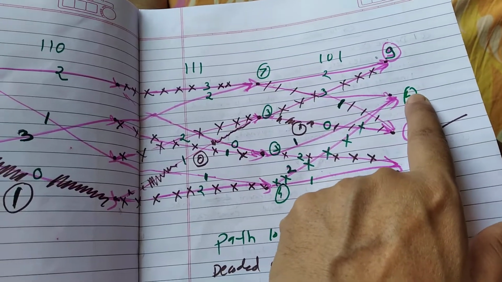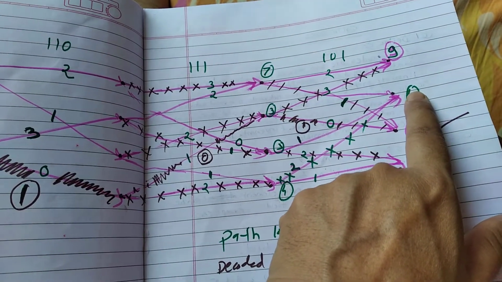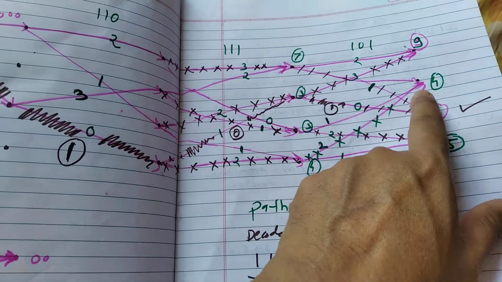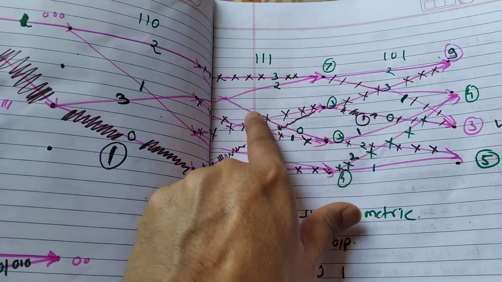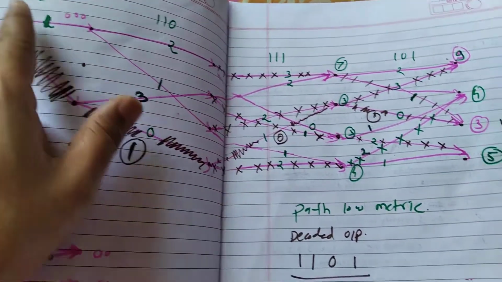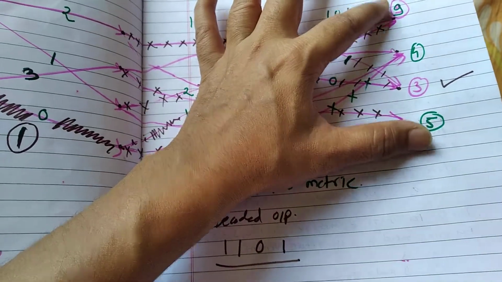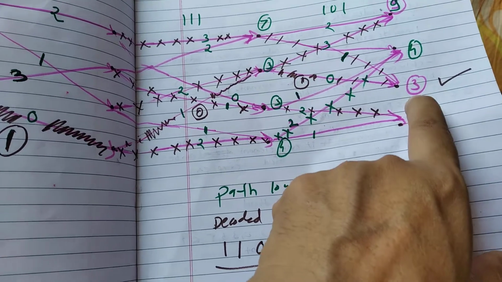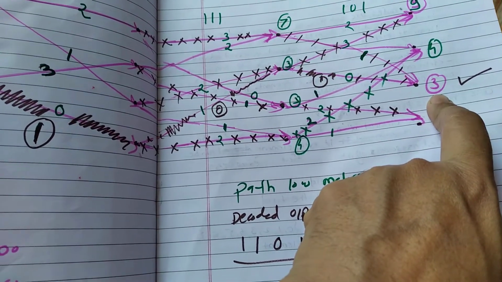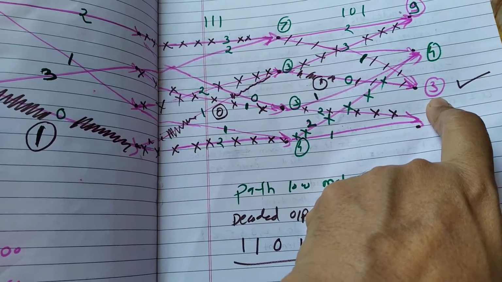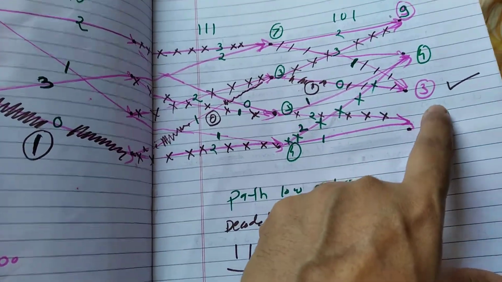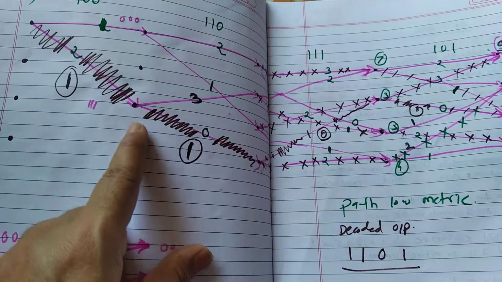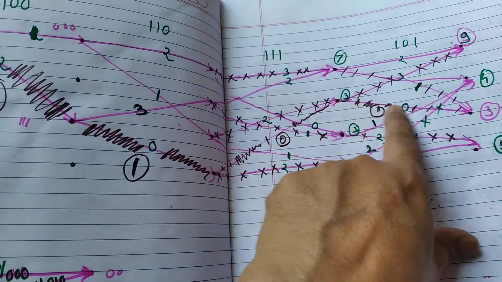For this 4, this line, this line, this line. Finally you add all the Hamming distances on these lines. You found that this is the path which has the smallest Hamming distance amongst these, so that path will be your decoded output. You are going to follow this path.